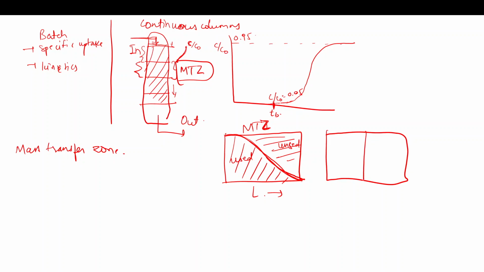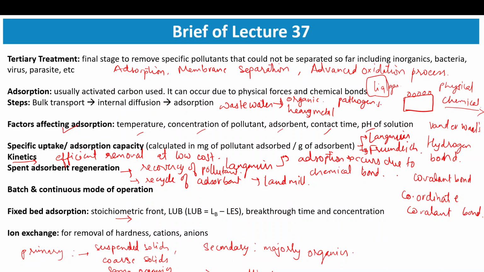So you can say that the length of unutilized bed which will be remaining is the thickness of the mass transfer zone divided by 2, right? Or the length of unutilized bed is nothing but the length of the bed minus the length of the saturated bed which is consumed.